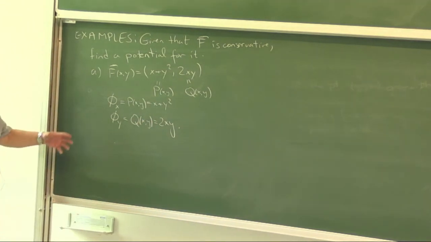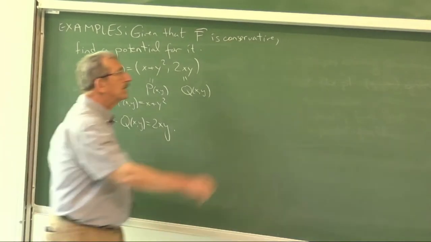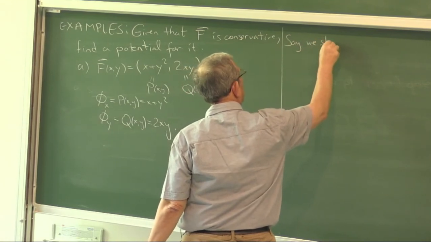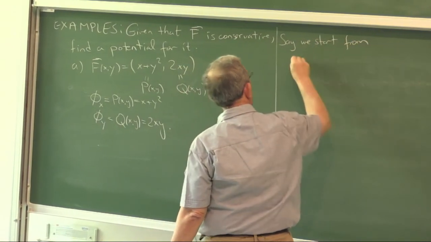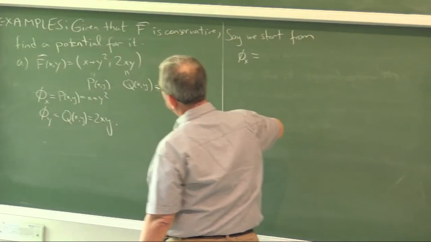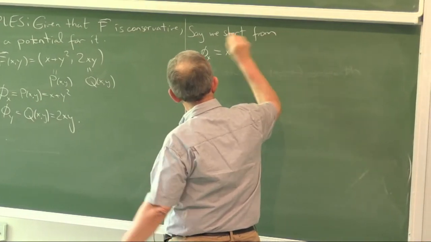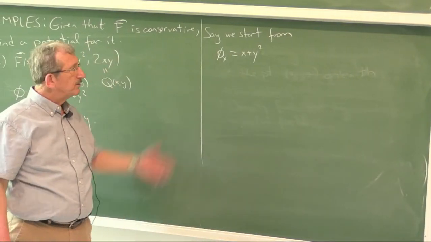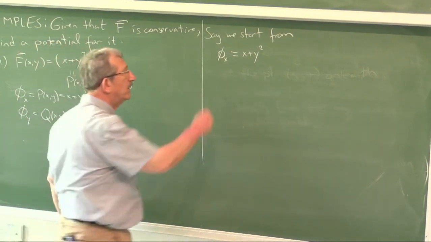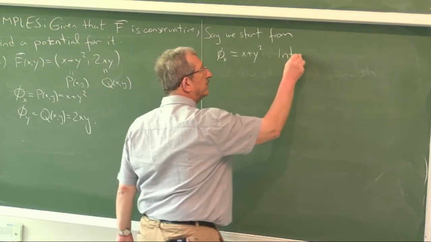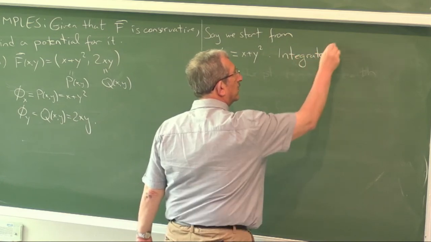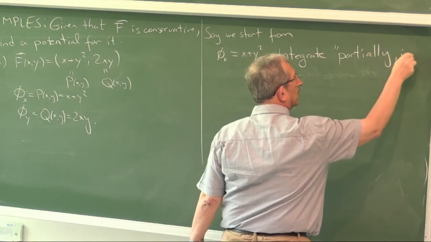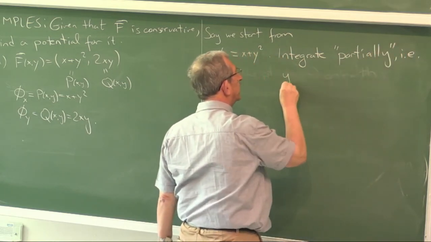Now, we can start from any of them. Say we start from phi sub x is x plus y squared. Now, how do we get phi from here? Well, we integrate partially, i.e. y is constant.